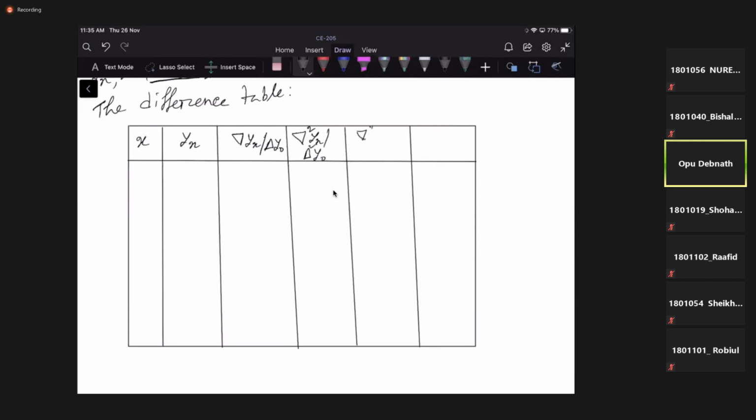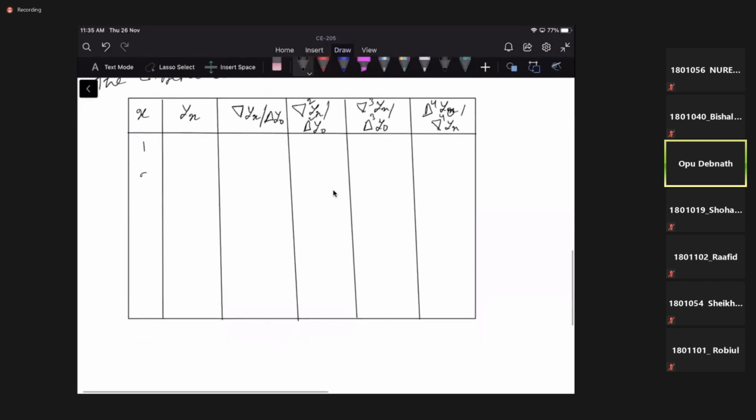Similarly, this is nothing but y0. So now both things are actually the same because the numerical values are the same. So let's start. 1, 3, 5, 7, 9 and 11.